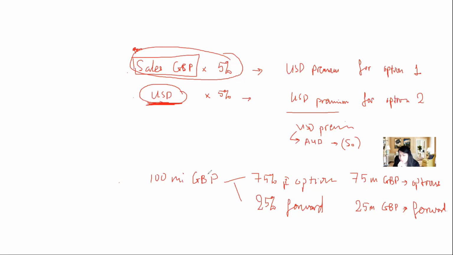So I would say that you should do the 100% options and 100% forward hedge first. Once you've got the outcome of these two, then in Excel you can just take the 75% times the option outcome plus 25% times the forward outcome.